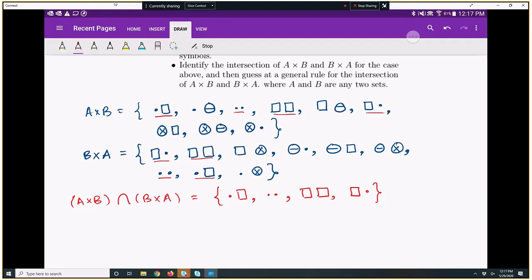Then it says make a guess at a general rule for the intersection of A cross B and B cross A, where A and B are any two sets.